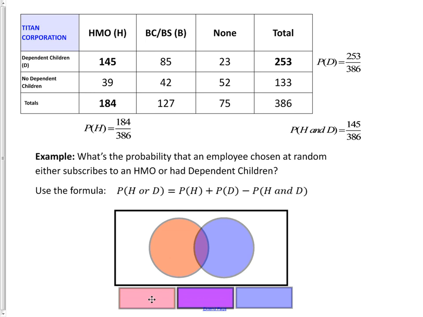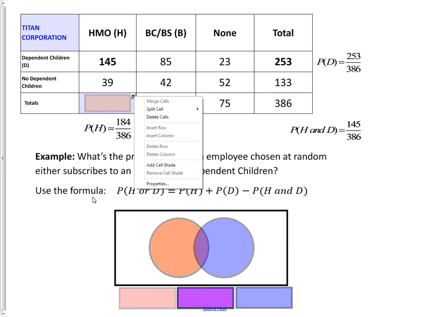Well, here's the way that we can figure this out. We know that out of all the total events, there are 184 employees.